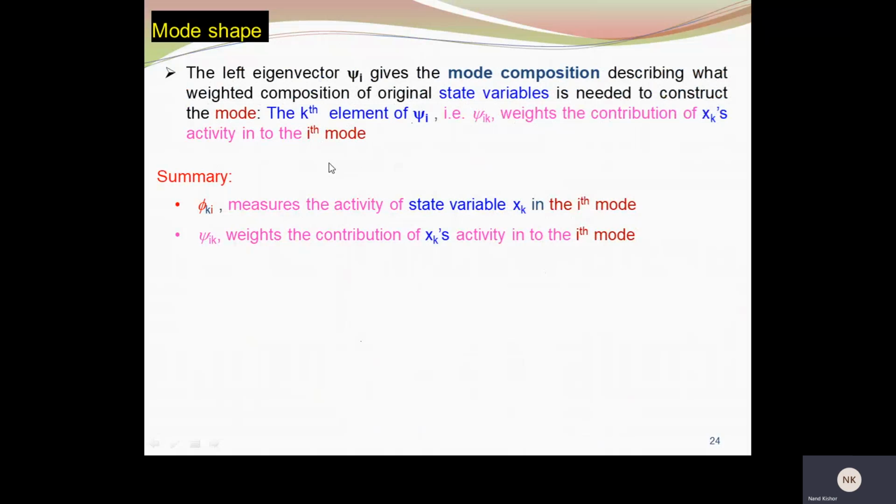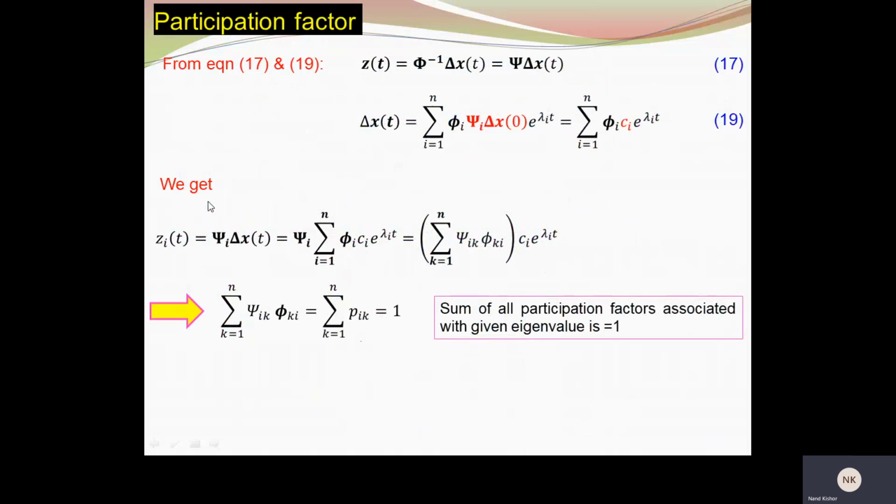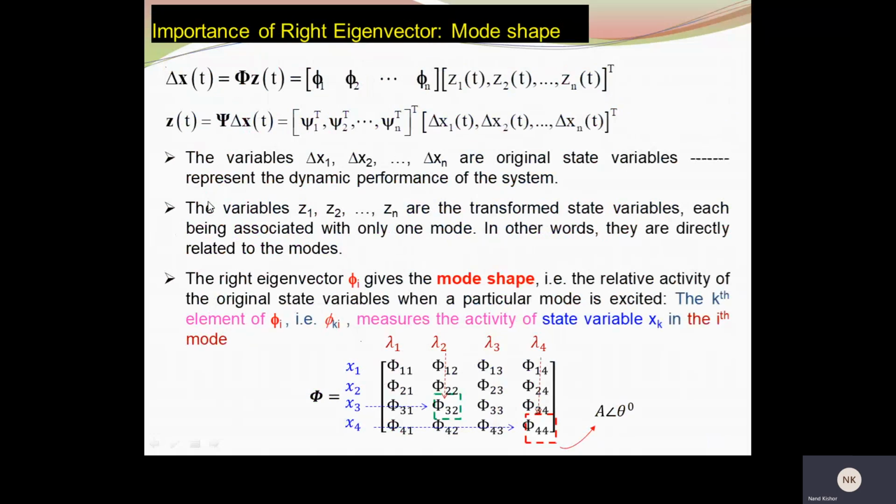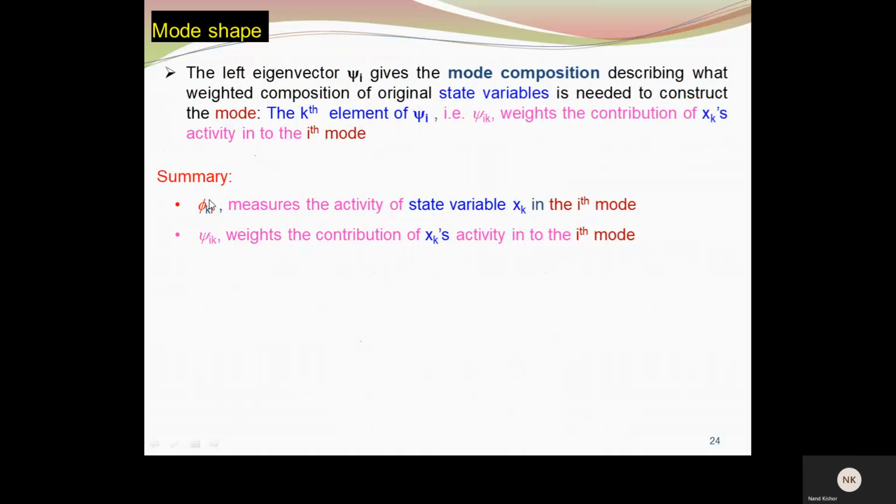Thus the left and right eigenvectors are different in form. In summary, the right eigenvector element phi ik measures the activity of the state variable xk in the ith mode. However, psi ik weighs the contribution of xk's activity into the ith mode here.